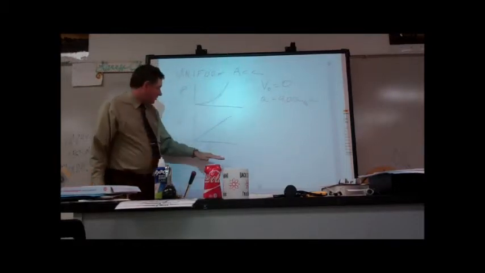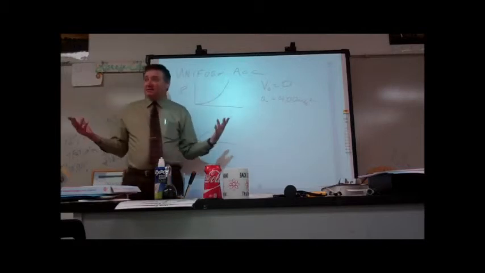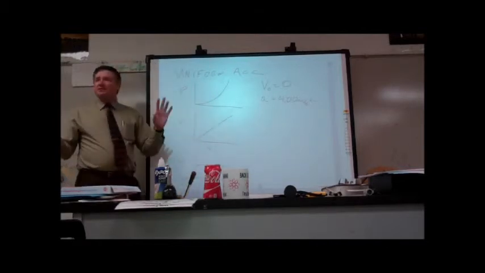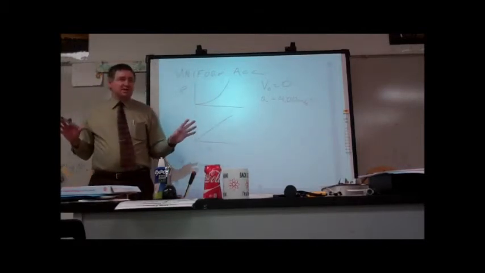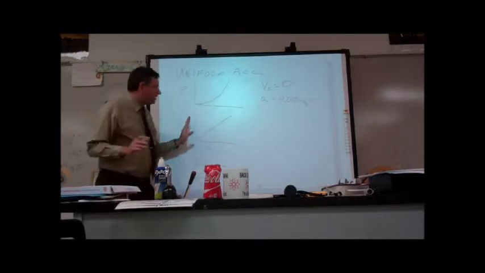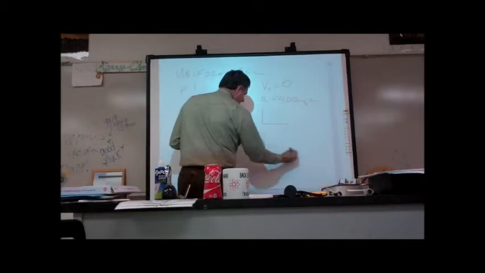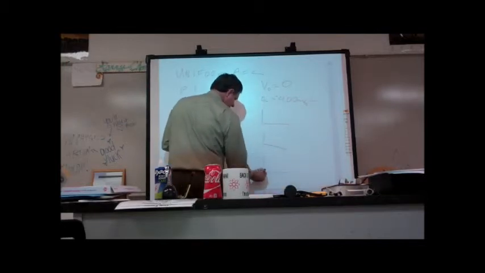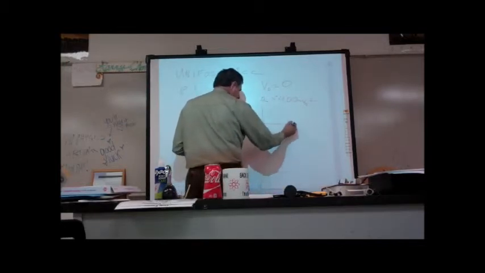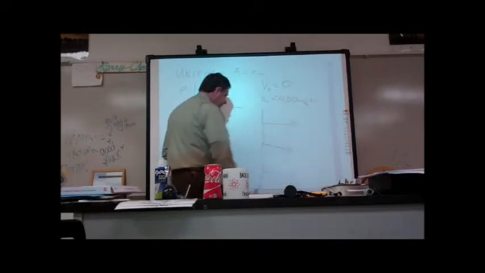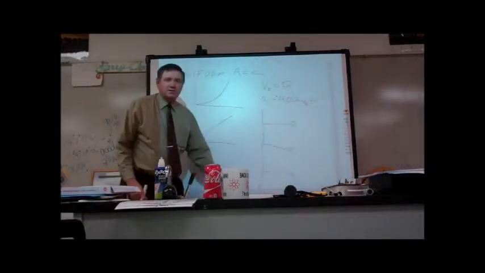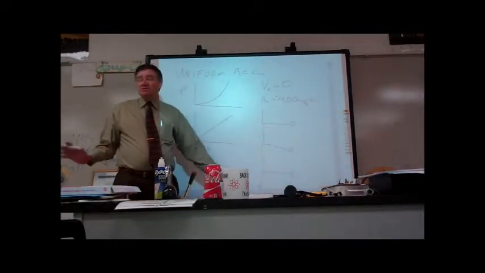Now, what if my acceleration had been negative 4 meters per second squared? How would all three graphs change? First off, I'm going to have zeros. Let's start with my acceleration graph. What's the only thing that would change?